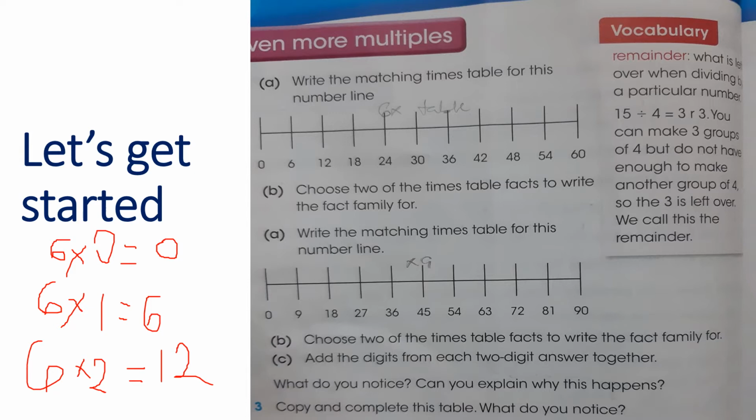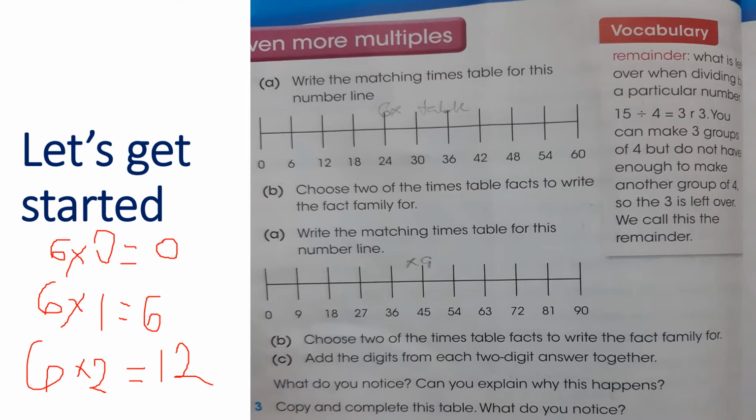Then it's saying choose 2 out of these times table facts and write a fact family for that. That was the class exercise we did in the last lesson, so that should be easy for you. I hope you still remember how to write our fact families.